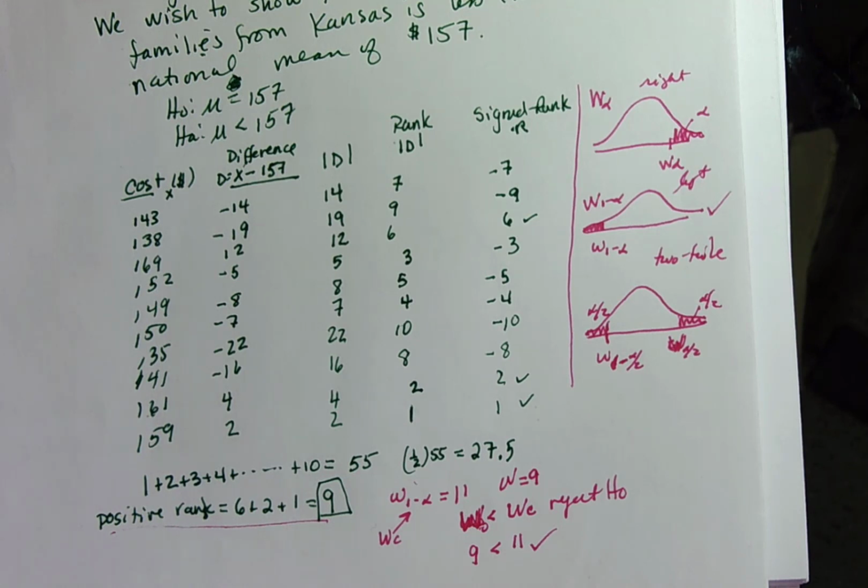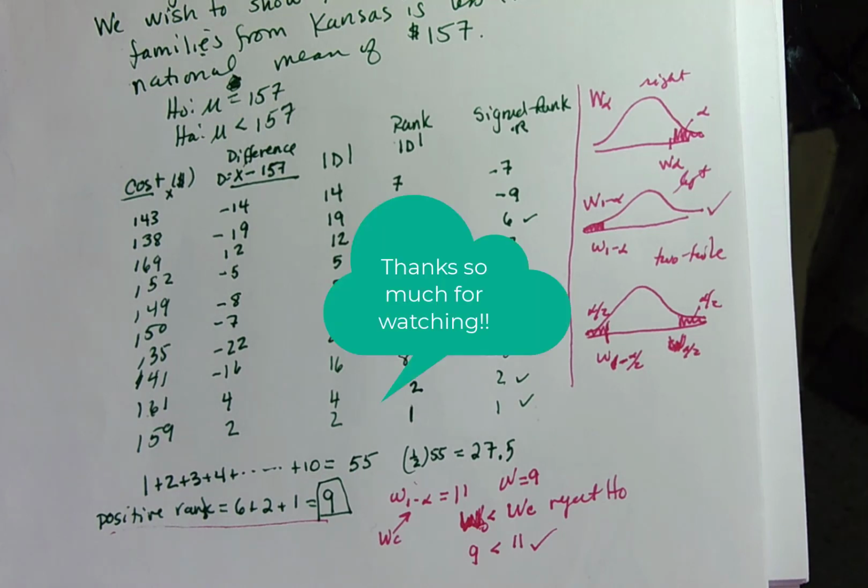You could use the Wilcoxon in place of our regular parametric test where we establish normality, but it's not as powerful as our parametric test, such as a Z or T test. But it does require less computation. So some people tend to like using this quickly, and certain statistical software packages, when you do tests, you can do the Wilcoxon signed rank test relatively easy. So again, just a quick look at a non-parametric test.